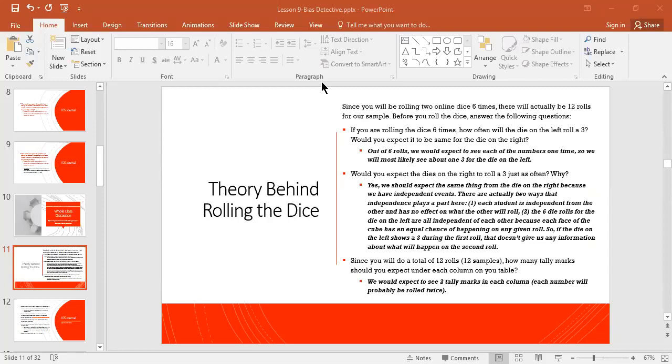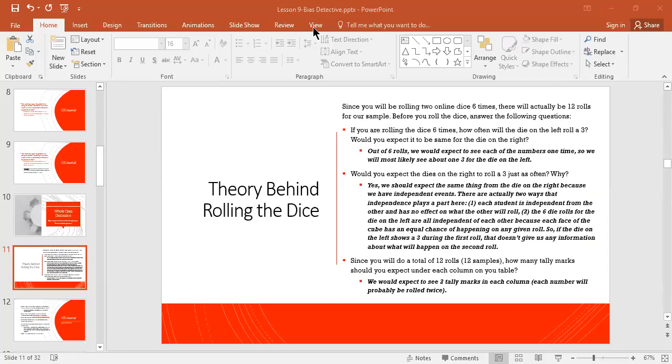So we're going to consider a scenario. Since you will be rolling 2 online dice 6 times, there will actually be 12 rolls for our sample. So we're rolling 2 dice 6 times. In reality, you're getting 12 rolls, because 2 rolls each time.